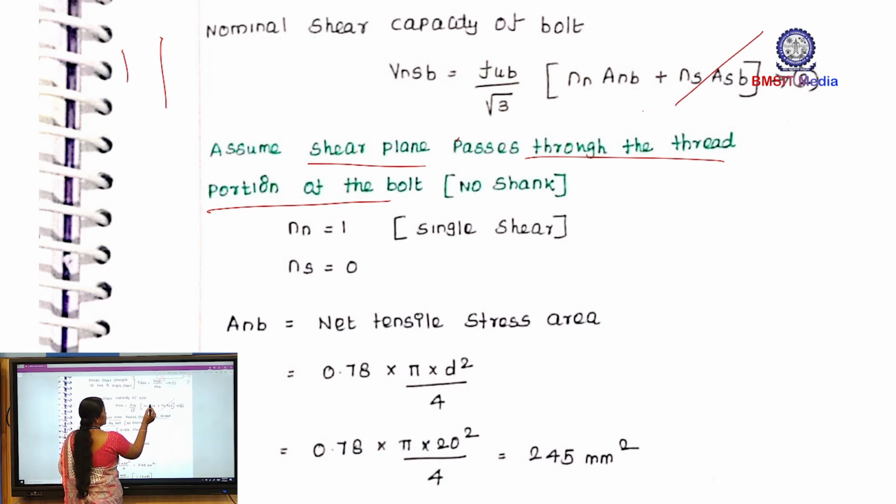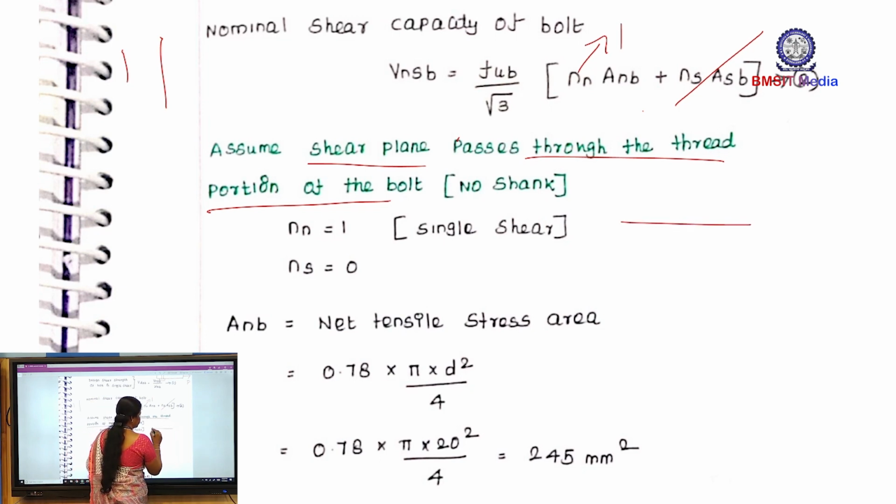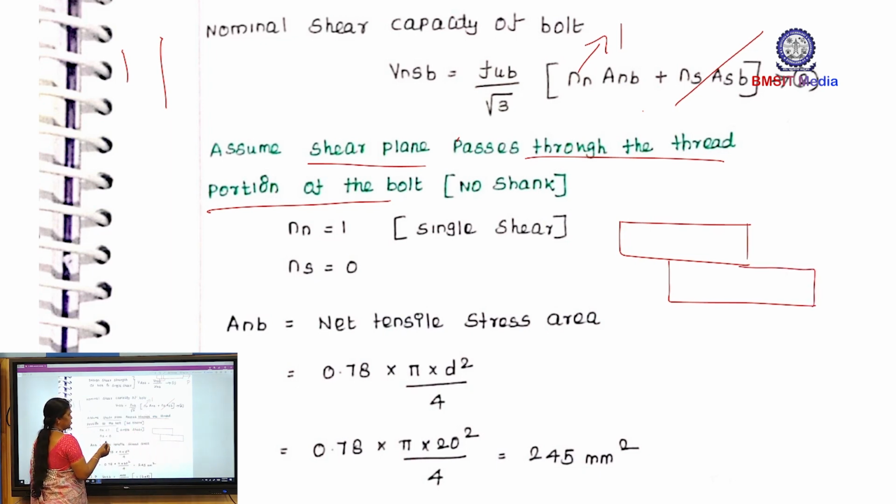So here Nn equal to 1. For example, this is the lap joint, and here we assumed the shear plane passes through the thread portion. What is the thread portion?